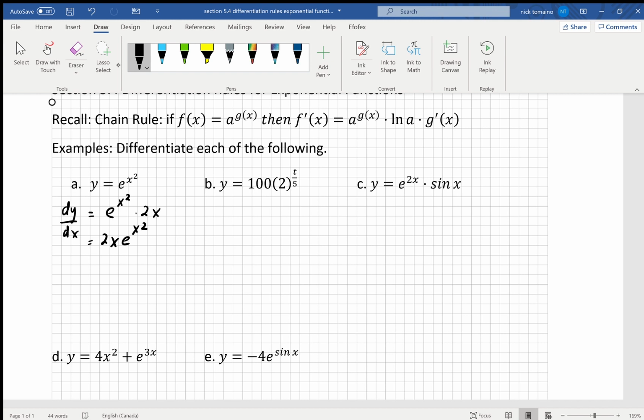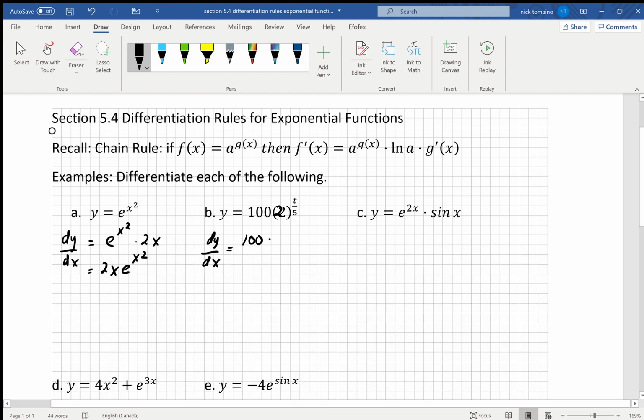All right, good. So next one, dy by dx is equal to, the 100 is a constant out front. It's not affected by the t over 5, so we keep the constant out front. And we multiply it by the derivative of 2 to the t over 5, which is the original function, 2 to the t over 5, times ln 2, ln of the base, times the derivative of the exponent, which is 1 over 5.